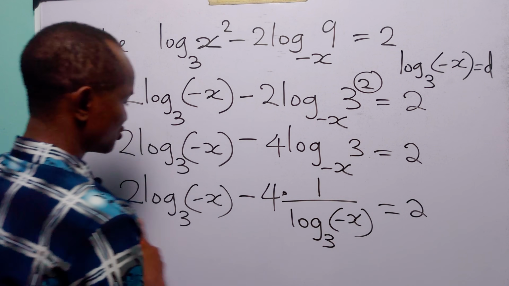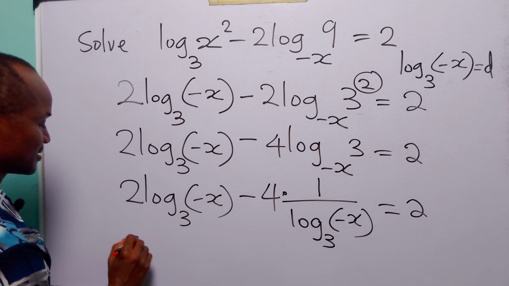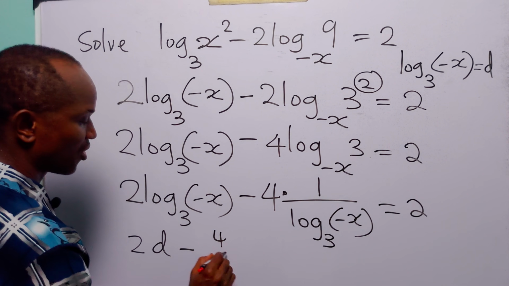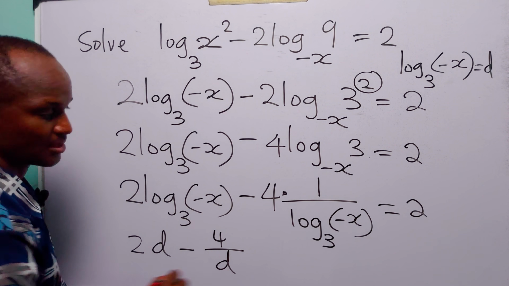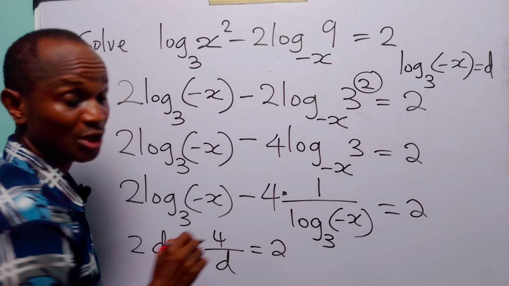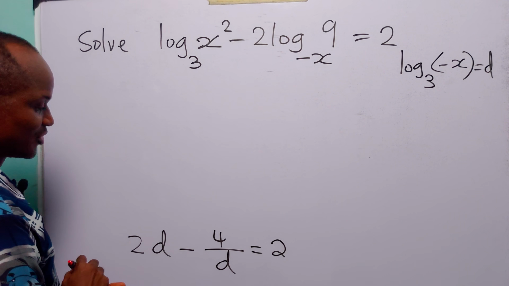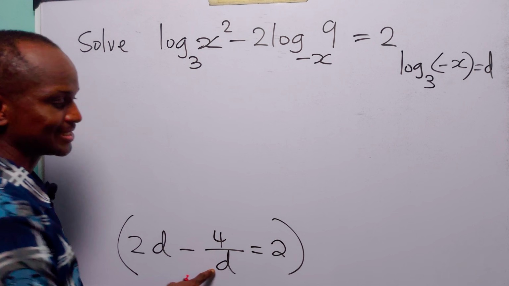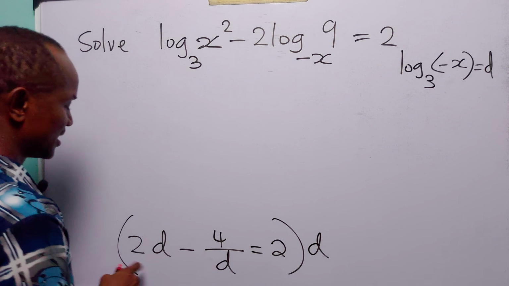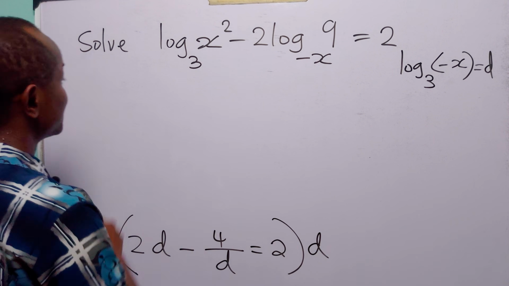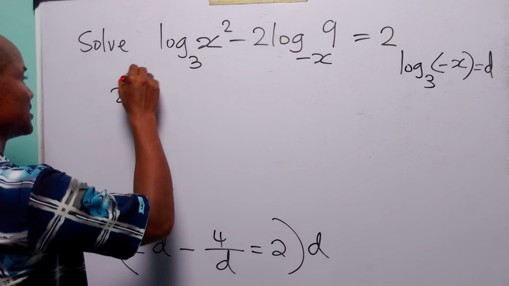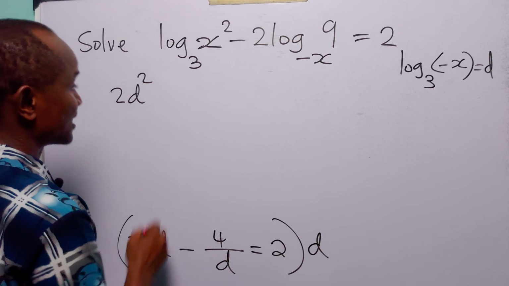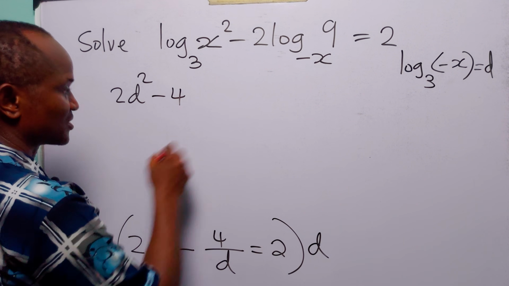Now, with this substitution, we can write this equation as 2 times d minus 4 over d is equal to 2. Now, to get rid of this fraction, let us multiply through this equation by the denominator, which is d. 2d times d is going to give us 2d squared. 4 over d times d, of course, this will cancel that, and we have minus 4.